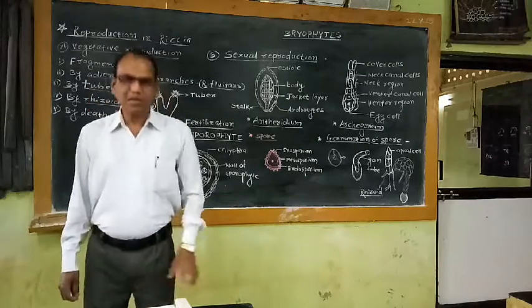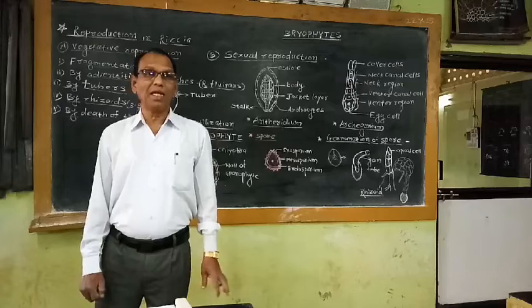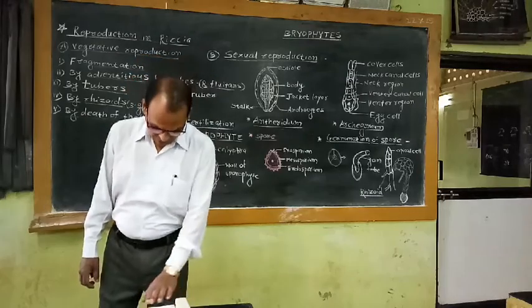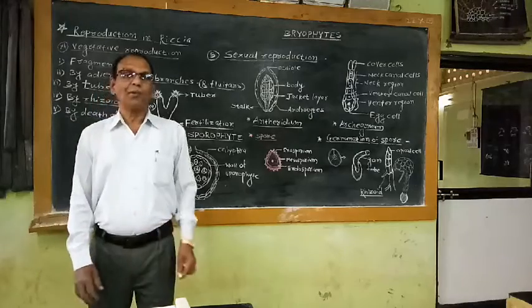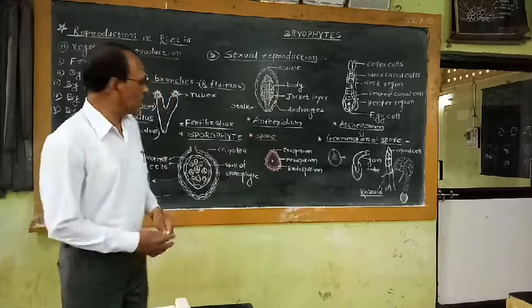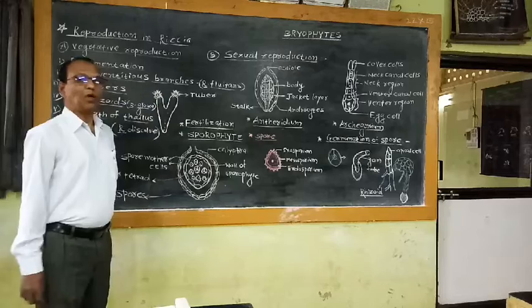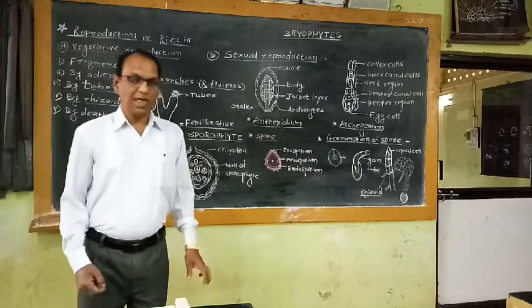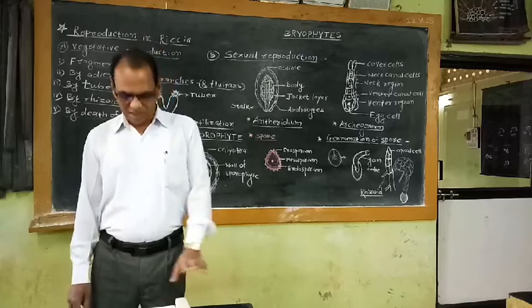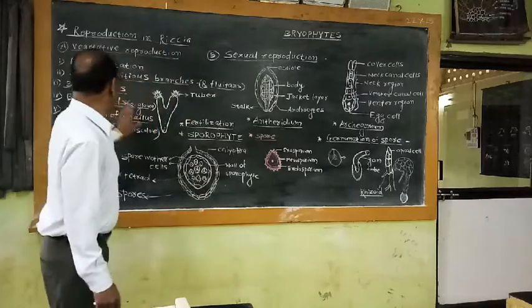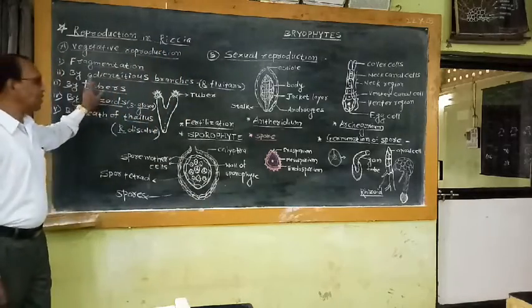That means these tubers are developed at the apical regions of the branches, and under favorable conditions, these tubers develop into new plants in some species of Riccia.